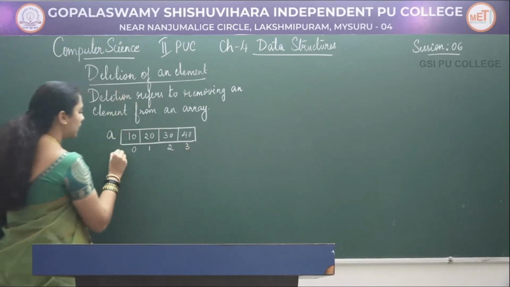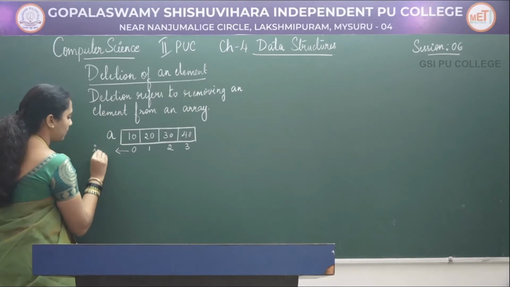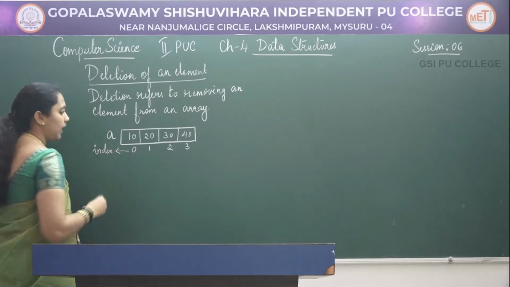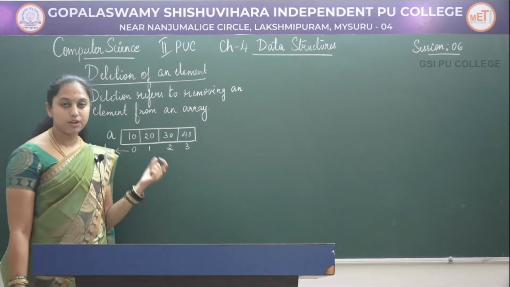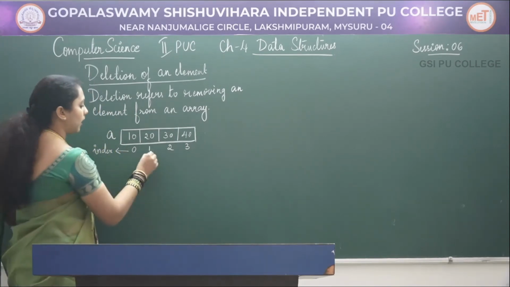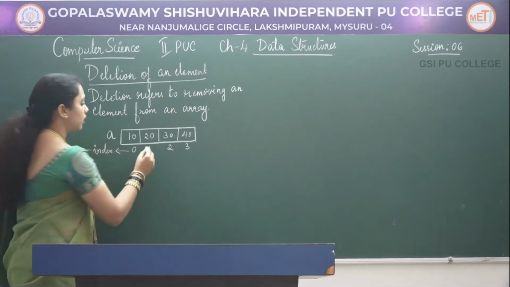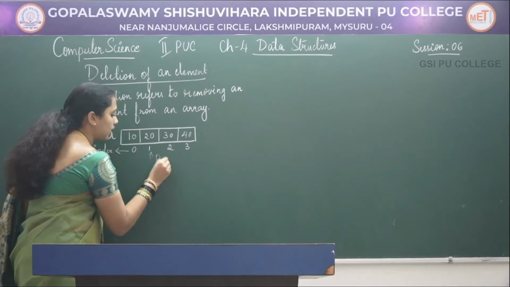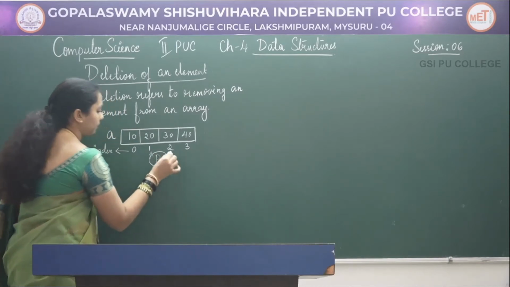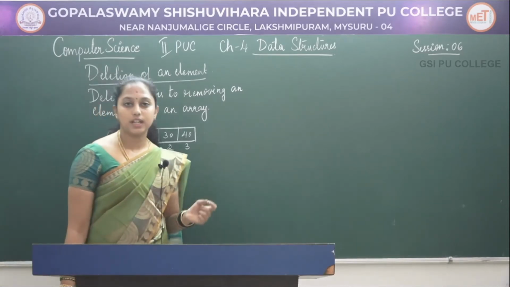So these are all the indexes of the array. I want to remove an element from the position 1. So how to remove an element?